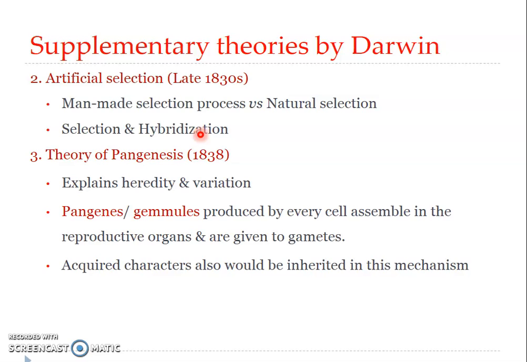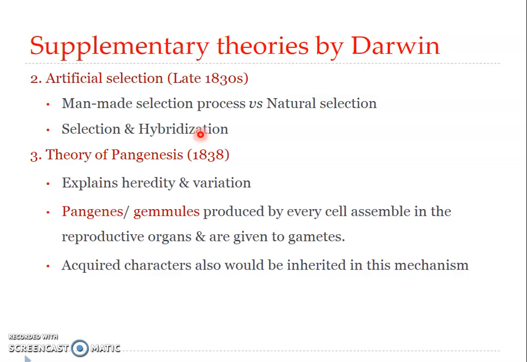So in artificial selection, those individuals which don't have desirable qualities to suit the needs of the breeder are segregated or separated from the rest, and they are even sterilized. So the quality of the stock can be improved and special breeds can be developed by artificial selection.